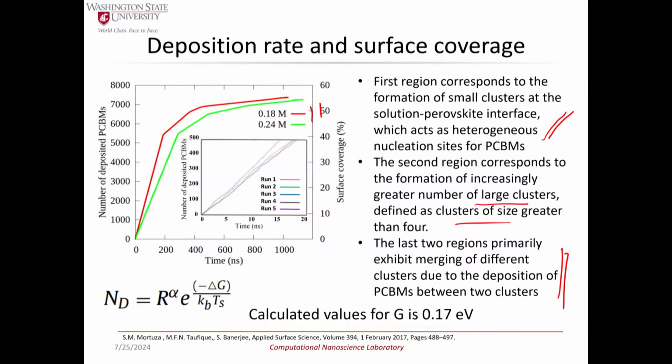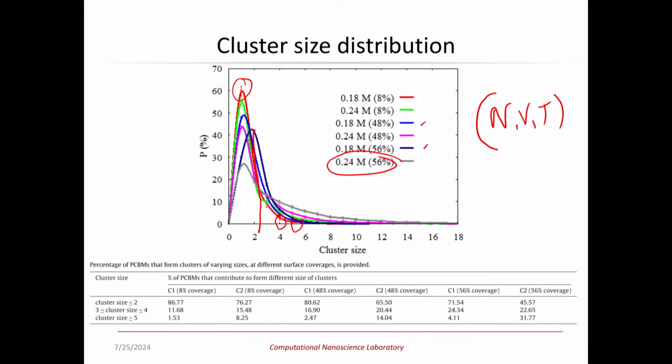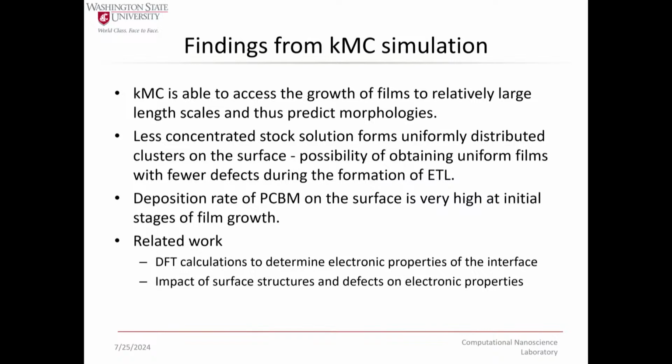Okay, now let's move to a different example, which is actually a bit more challenging, but chronologically, that was the first model we developed, before this one, on lattice. By the way, just concluding from this, the key things that we found are we were able to look at growth of films, growth rates and the morphology.